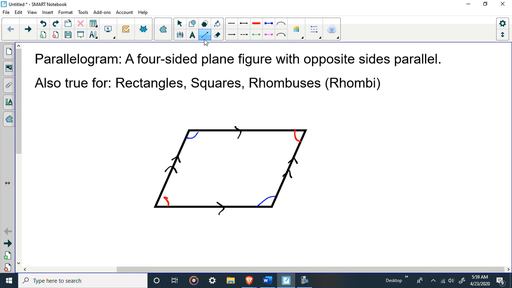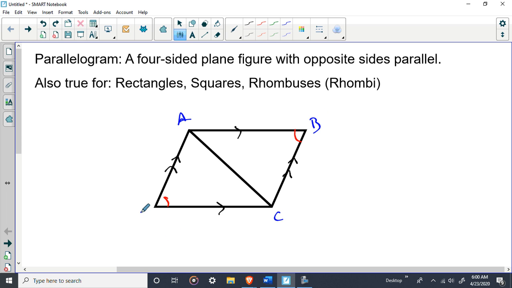So I'm going to erase these guys for a second, okay? We know that they're congruent, but I'm going to draw a diagonal. So I'm going to draw this diagonal here, right? Well, I'm going to call this parallelogram ABCD.